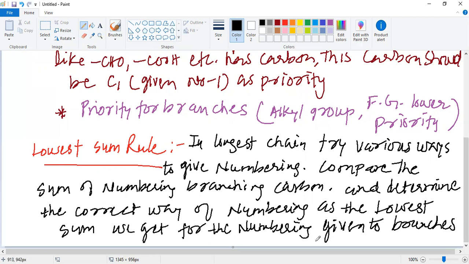This is what I have already explained to you, my dear students, that we determine the numbering.